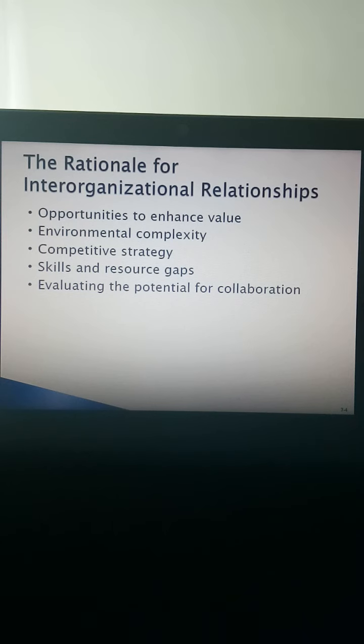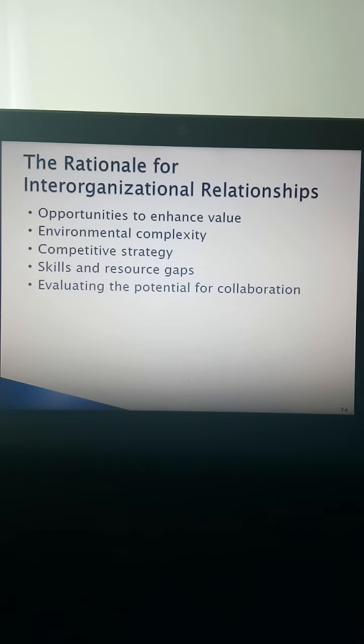We have to evaluate the potential of collaborations because collaborations may vary substantially across industries and individual companies. Usually, collaborations consider the costs as well as the benefits of partnering with customers, suppliers, competitors, or any other stakeholders.